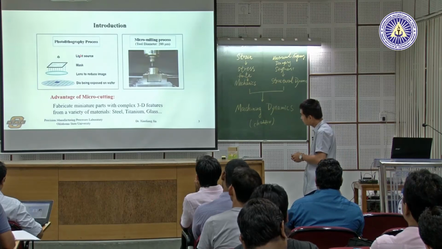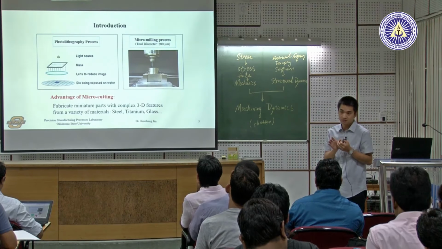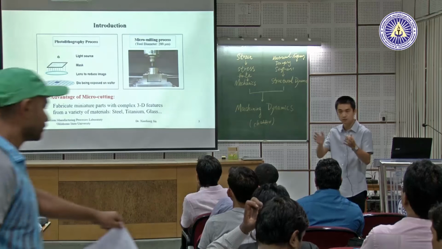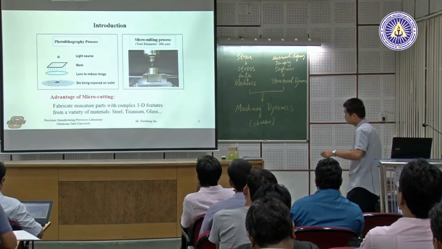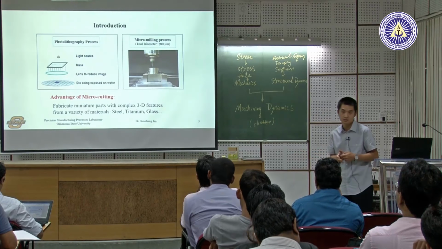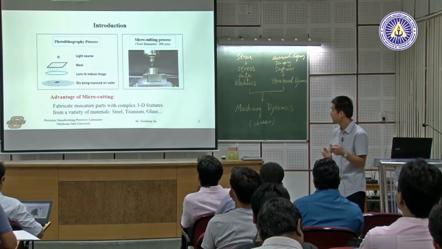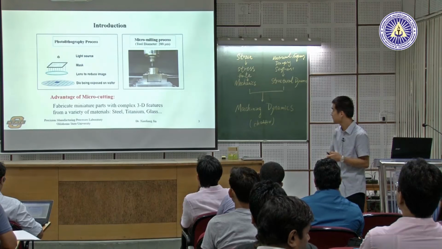But photolithography is mainly used for silicon-based material, and it cannot be applied to a variety of materials. Sometimes we need the material to be steel, titanium, or even brittle materials like glass, okay?